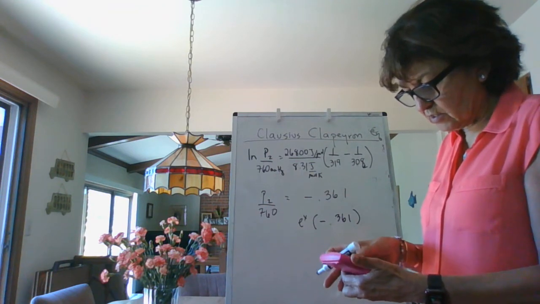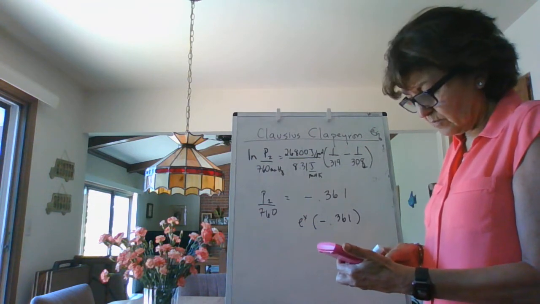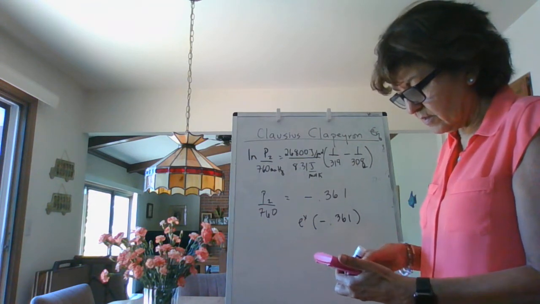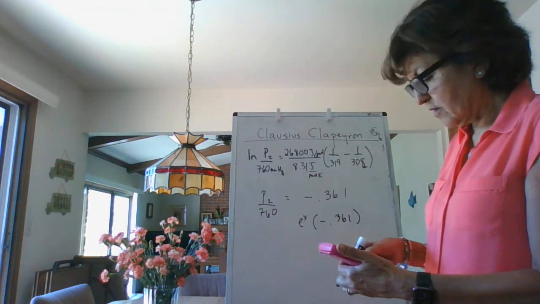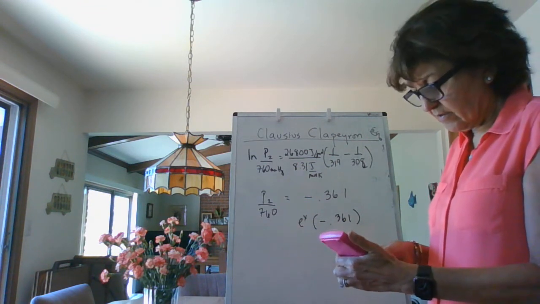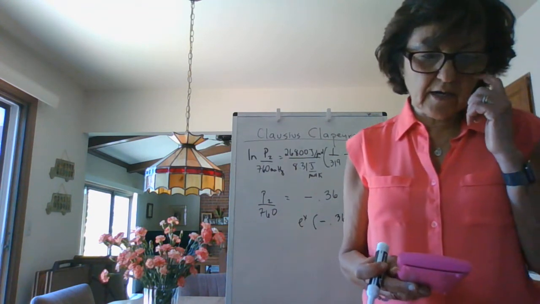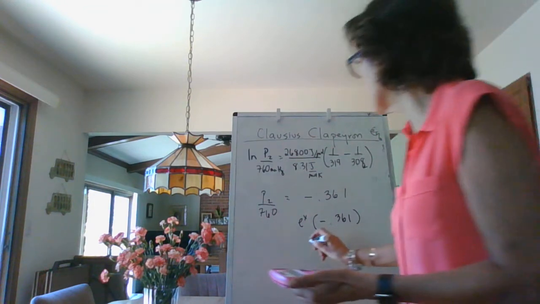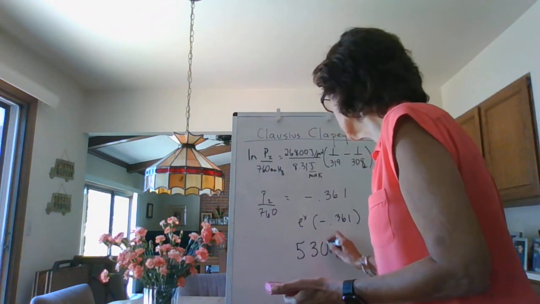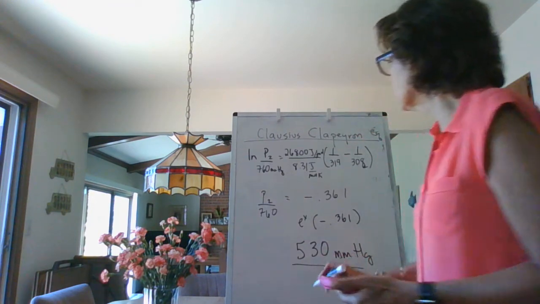I'll do it too, just to double check. Minus 0.361, close parentheses, and then I'm going to multiply that by 760, and you get 529.7, which would be 530 millimeters of mercury. That's your answer.